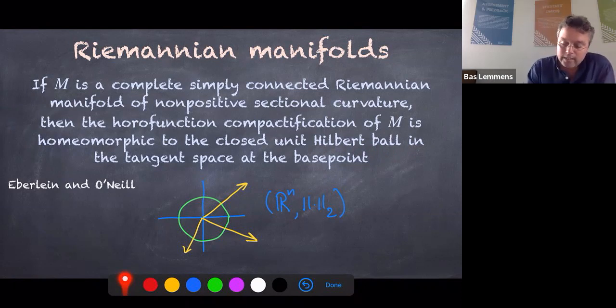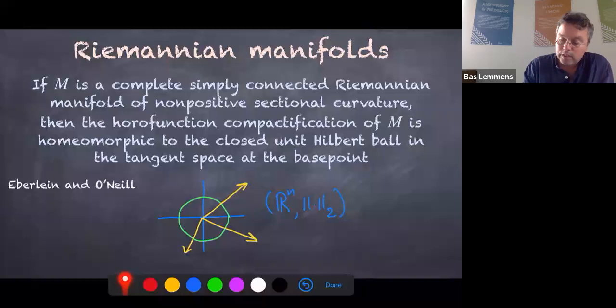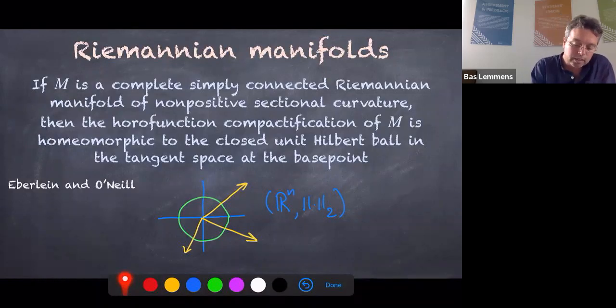In that case, because we're Riemannian, we always have a Hilbert ball in the tangent space. Basically what we're doing to this metric space is adding a big sphere at infinity, and this sphere is naturally homeomorphic to the Hilbert ball. This work goes back to Eberlein and O'Neill.